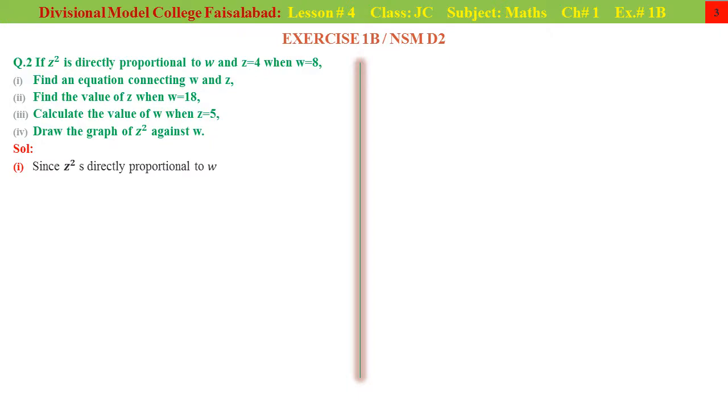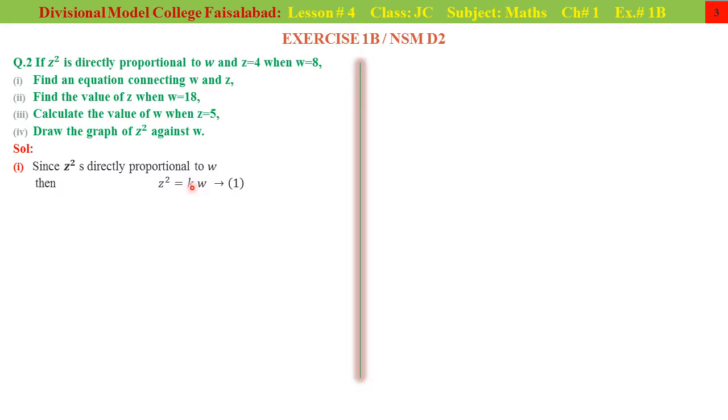Since z square is directly proportional to w, we will write this statement in mathematical or algebraic form as z square is equal to kw. Writing this statement in algebraic form, we get this equation.